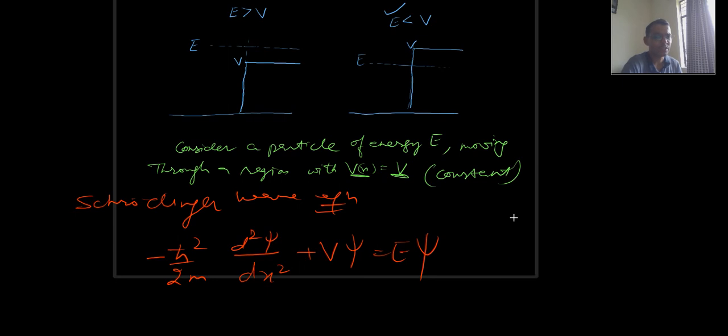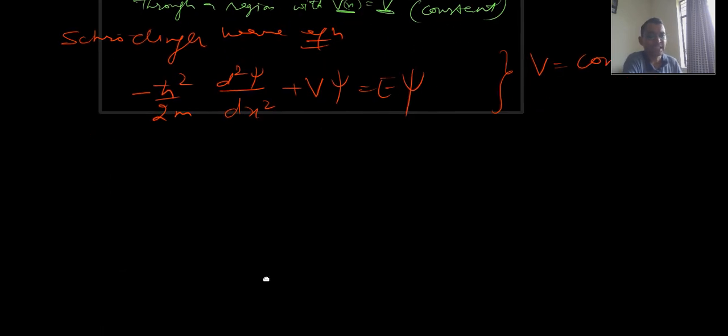Here we have chosen that V is a constant value. Now we are having two cases. The first case is that the energy of the particle is greater than the potential, and another case is energy of the particle is less than this. Let me briefly talk about it.